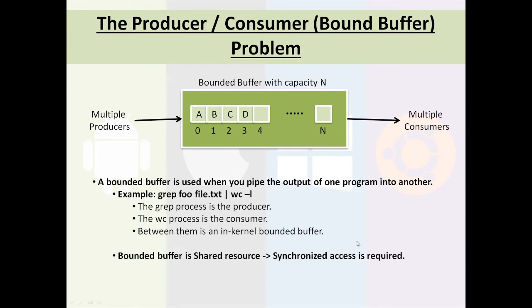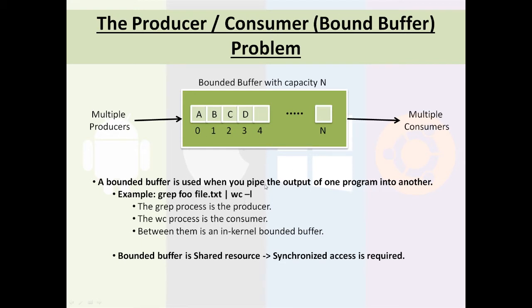Another, maybe closer to home, example is that a bounded buffer is used when you pipe the output of one program into another. If you've ever utilized grep or wc, you can pipe the output of the grep program into a process called wc.